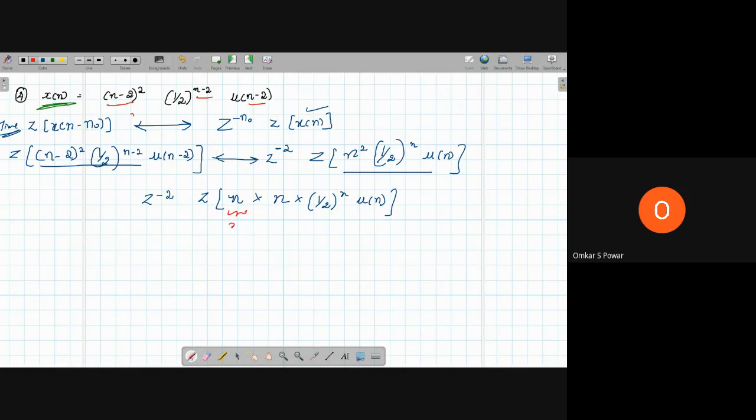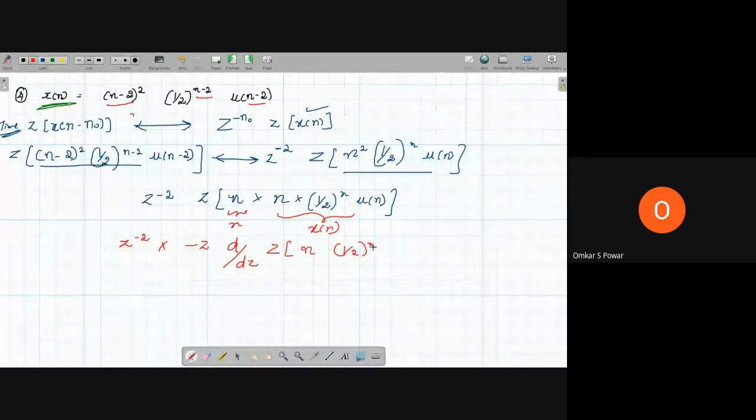So this is n, and this is x of n. So what does the frequency differentiation property tell us? Z to the power of minus 2 into the Z transform of n x of n is nothing but minus z d by dz of the Z transform of x of n, half power of n u of n.